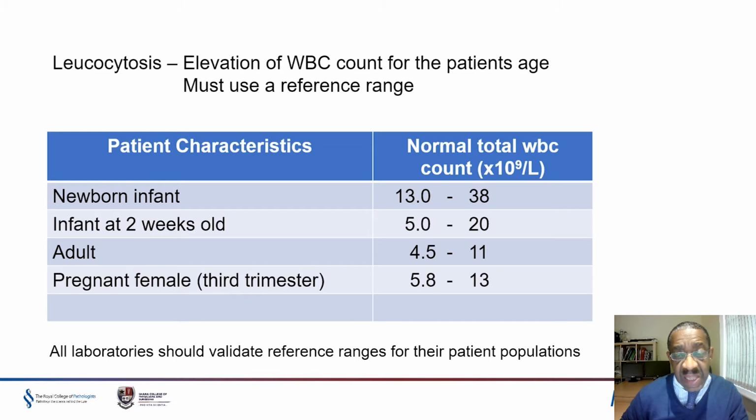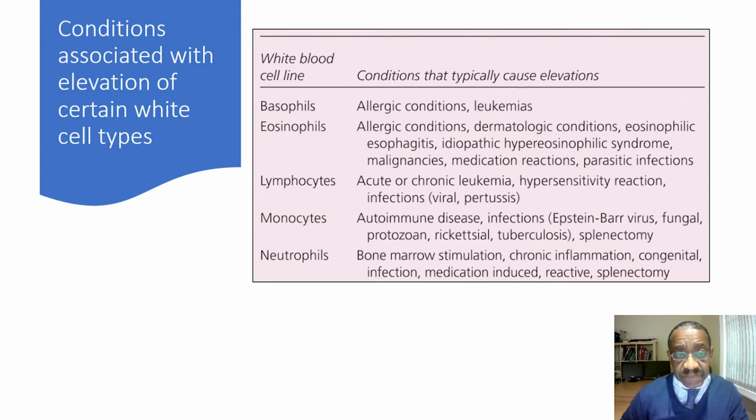And you can see that there are different ranges for pregnant women and infants at 2 weeks. So all laboratories should validate their reference ranges for their patient populations. And as we will see later, there are other factors that might influence what is considered a normal white cell count for a particular individual.